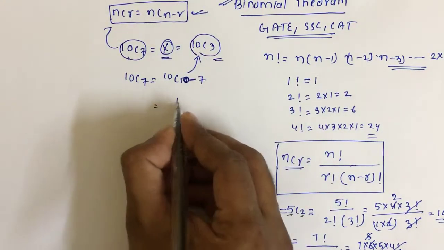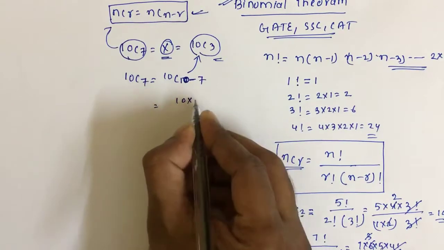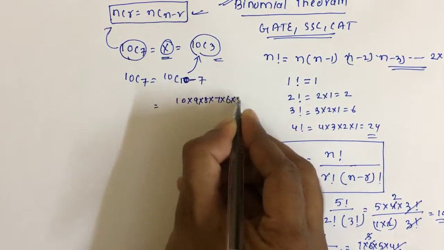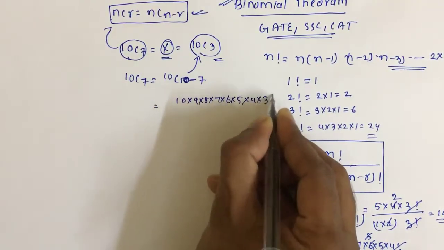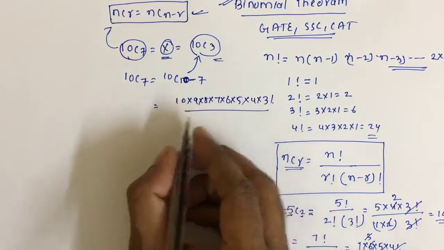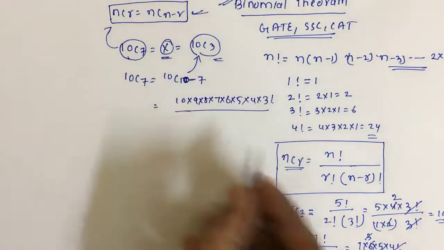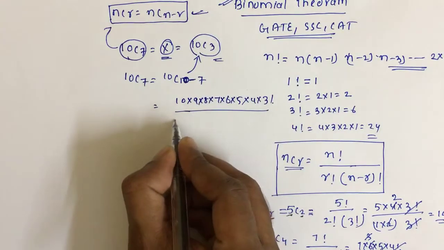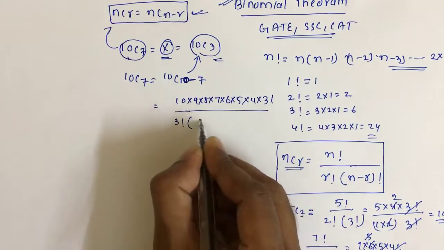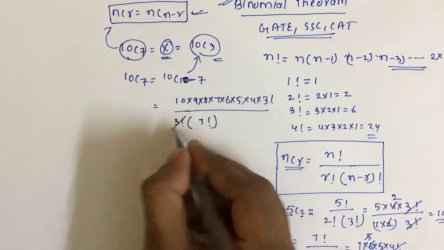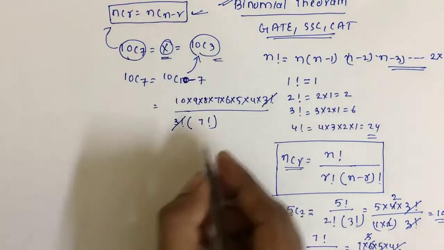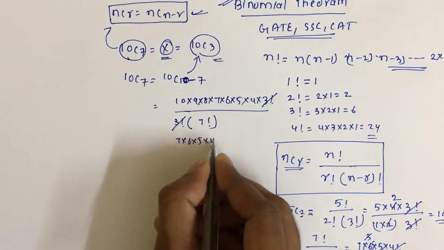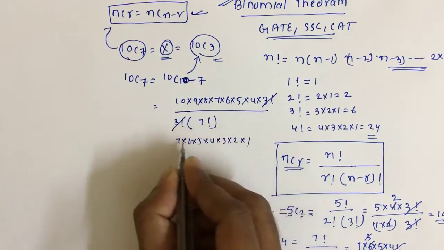So this will be 10 factorial, 10 into 9 into 8 into 7 into 6 into 5 into 4 into 3 factorial, by r factorial, so the same principle applies here. r factorial means 3 factorial, then 7 factorial. 3 factorial gets cancelled here. 7 factorial means 7 into 6 into 5 into 4 into 3 into 2 into 1.